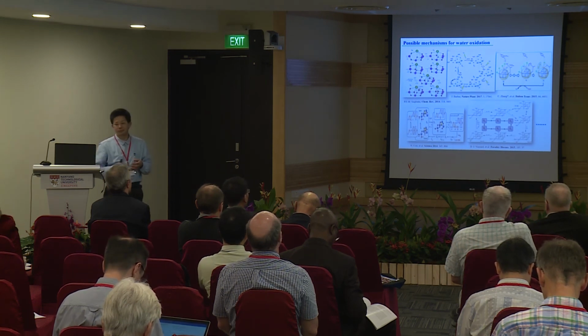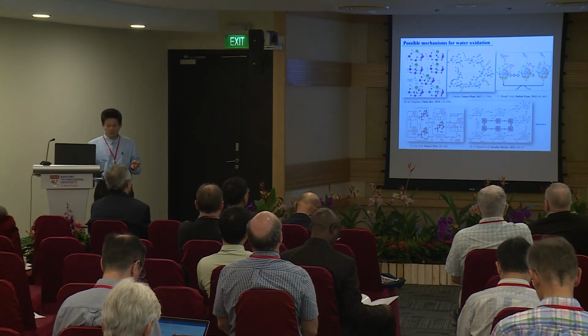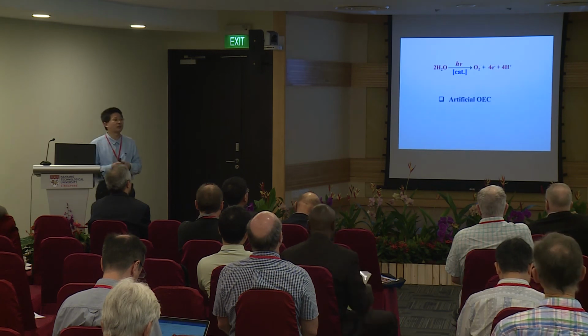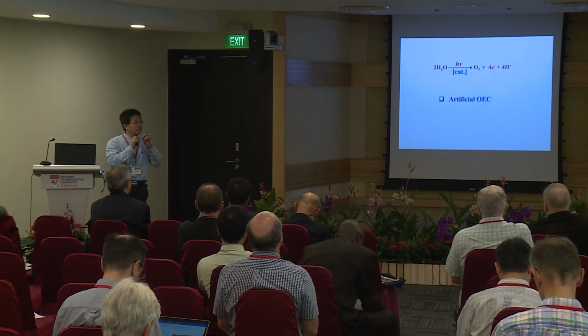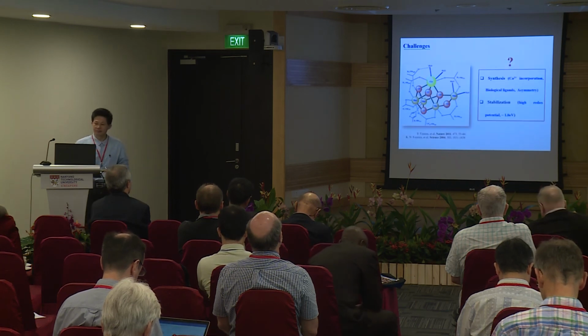So what should we do? After 15 years of work on natural PS2, we thought we needed to go to an artificial system, where maybe we could get a simple model complex to make things clear.